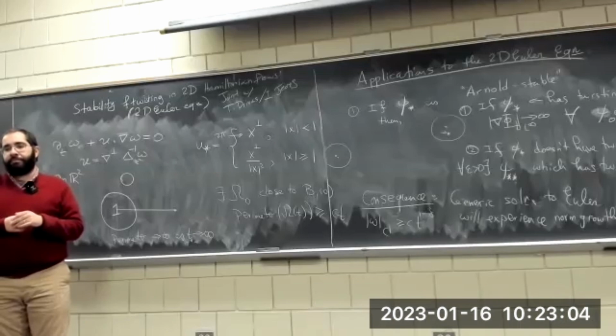So there are perturbations that are long skinny ellipses, and you can make the perturbation so that the area times the difference is 0. So the integral of the difference, in other words, the norm in the Yudovich class, is small.